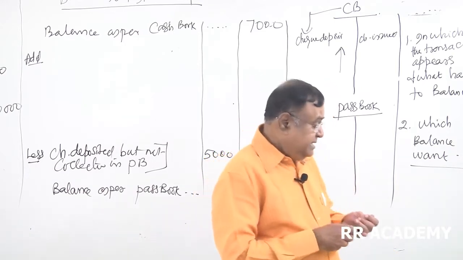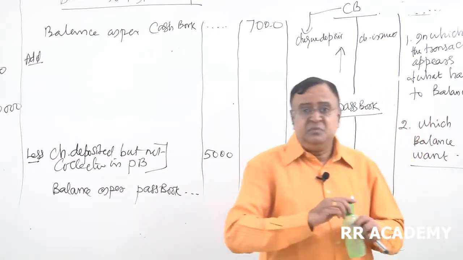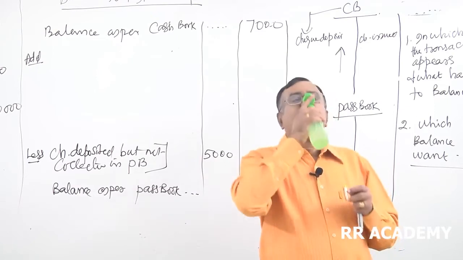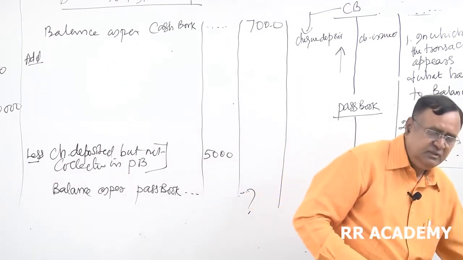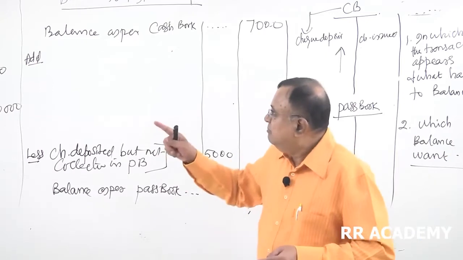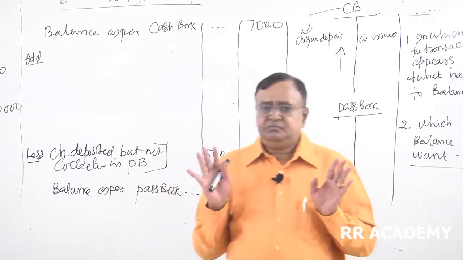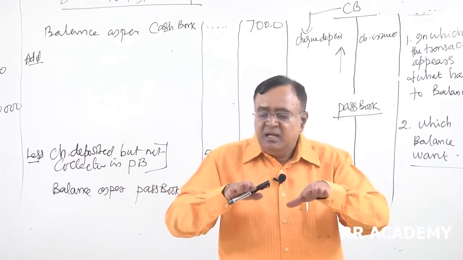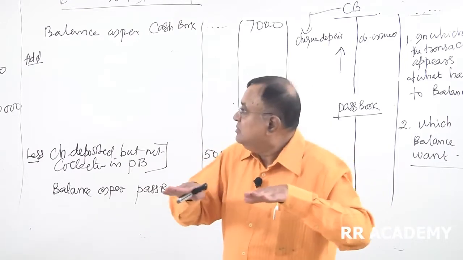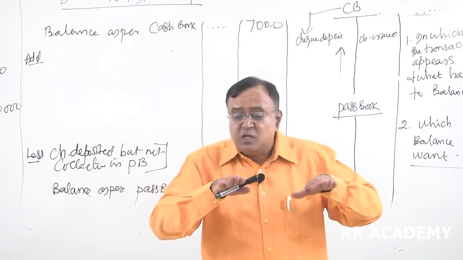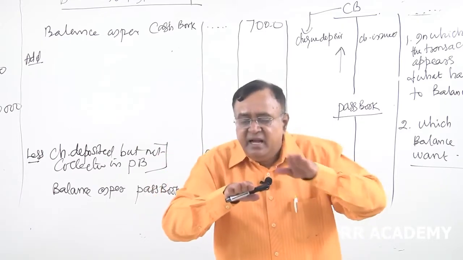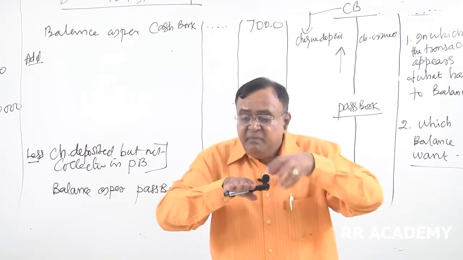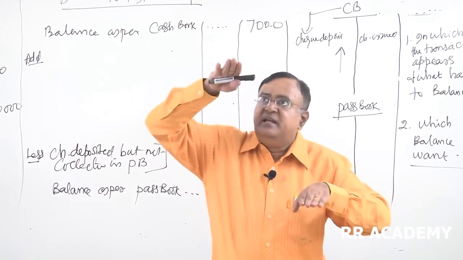Second one, bank credited in the passbook directly. This comes under the second point: there are two items which are entered in the passbook first. Left hand side cash book, right hand side passbook. Bank credited in the passbook. Credited means deposited, so it increases.